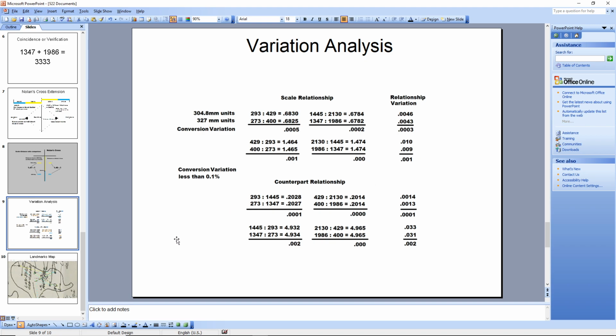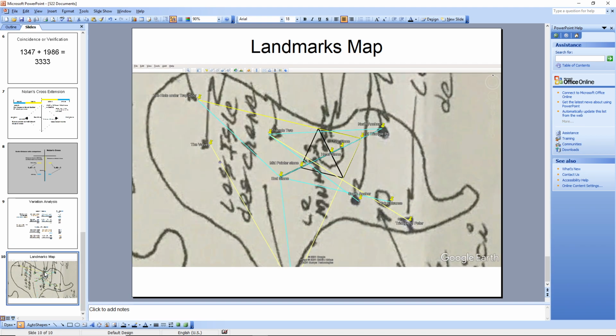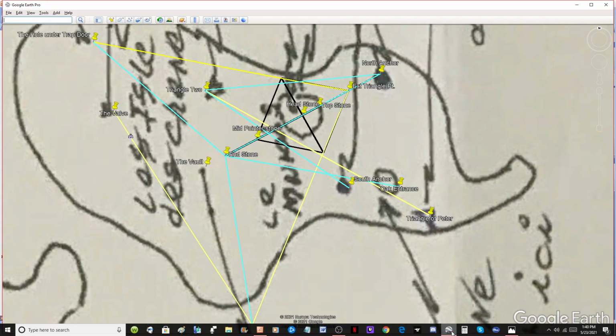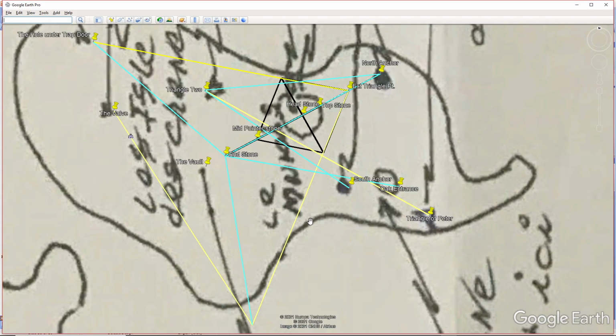It's just too nerdy. So anyway, this is my last slide, and I'm going to go back to Google Earth in just a second. But as you can see, this is the linear distances on Google Earth. There they are, the linear distances that show the more exact location of all these landmarks.